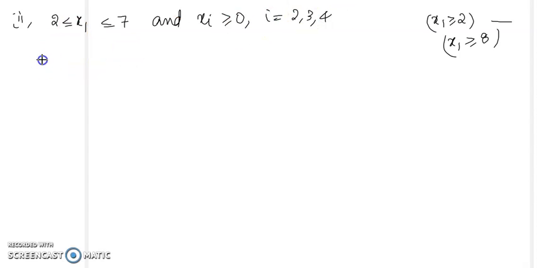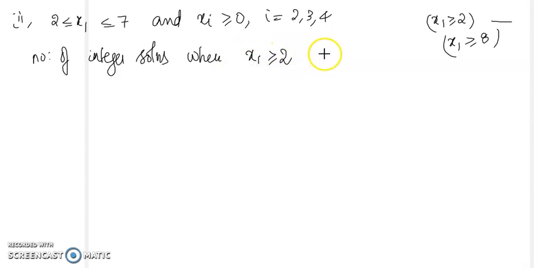So let us find the number of integer solutions when x1 is greater than or equal to 2. So let us take y1 equal to x1 minus 2.